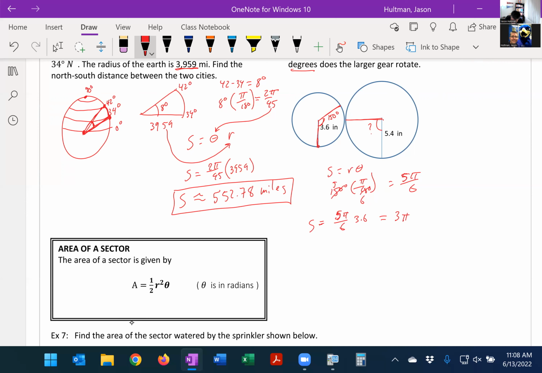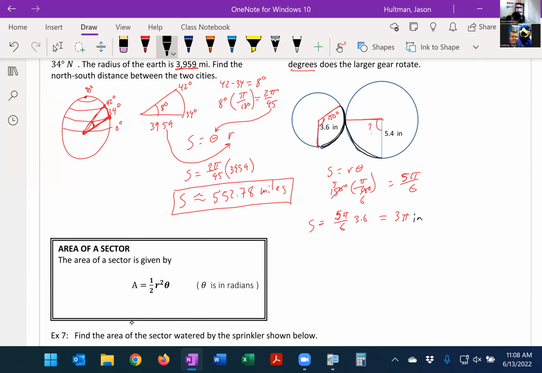Okay, so this whole length, let me put it in a different color, I'll put it in black. This length here is 3 pi inches. And so this guy here is also 3 pi inches.